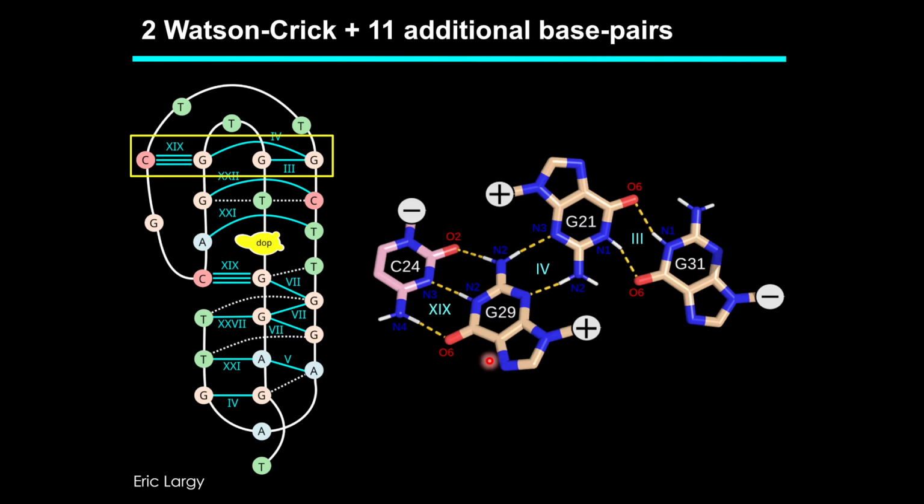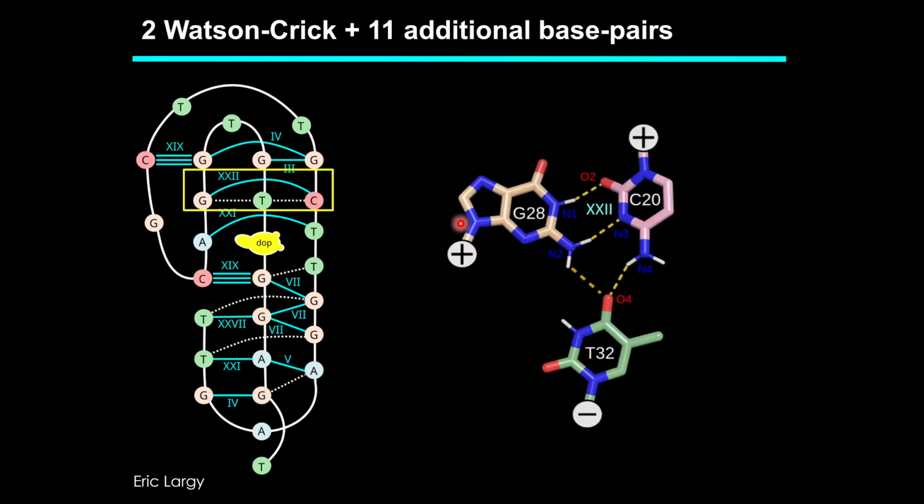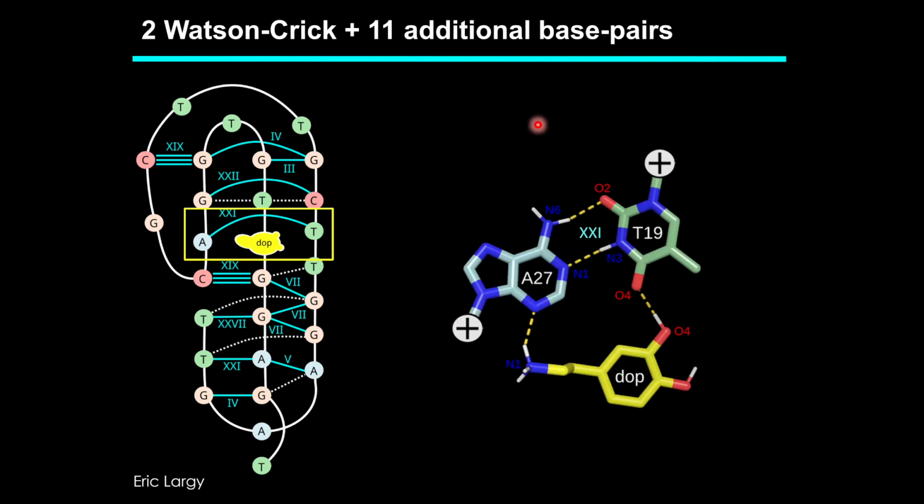But you can also see that there are both parallel and anti-parallel GG bases going on. If I go a bit further, this is a GC, but you notice that it's parallel. So this is a reverse Watson-Crick. And go a little bit further, we have TA. Again, not unusual, but these ones are also parallel. So yeah, reverse Watson-Crick again.